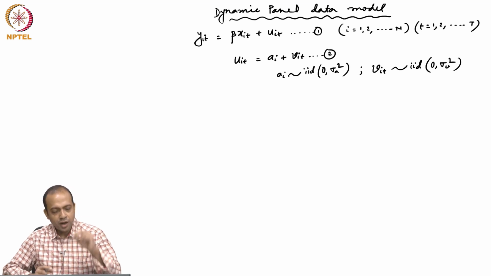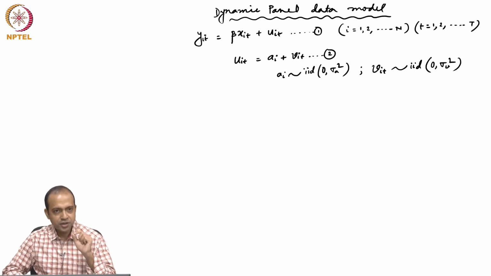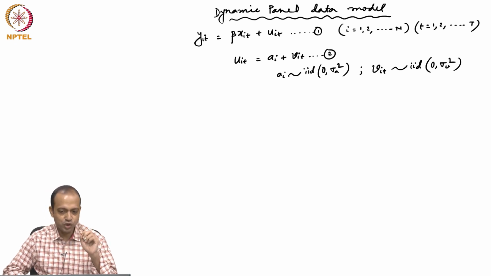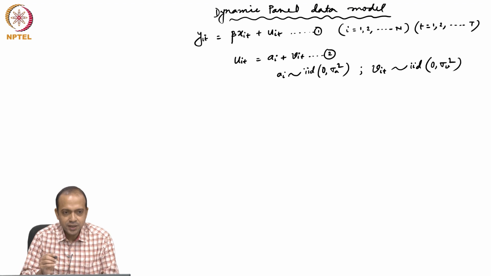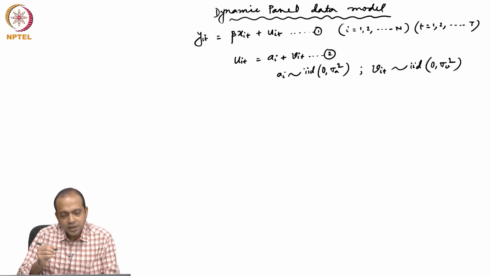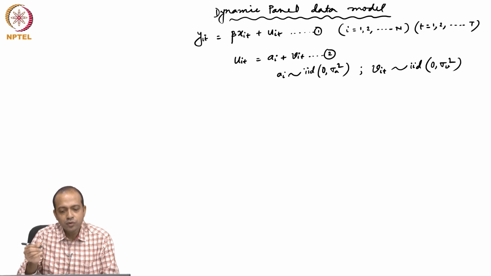Now, I have written a simple panel data model with equation 1, and the question is why it is not a dynamic one. Like the way we started our discussion, why is not every panel data model dynamic in nature? Look at here, y_it: the t-th period y depends on the value of x in the same period.